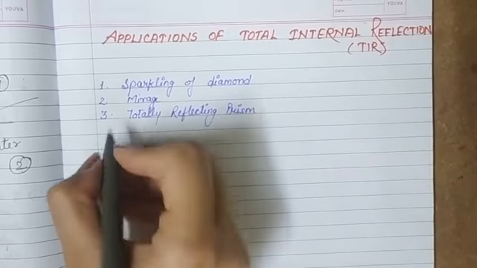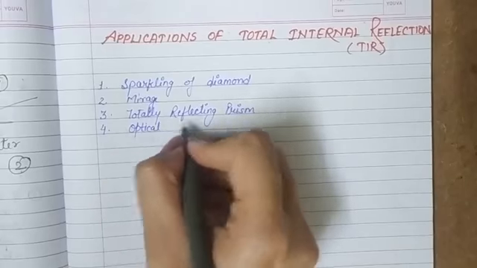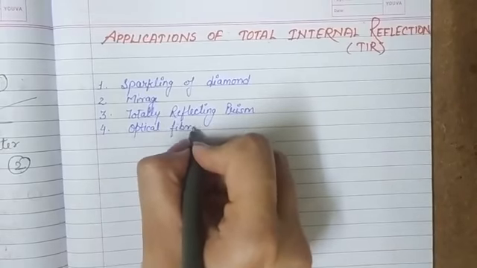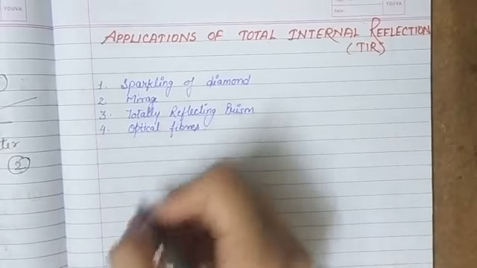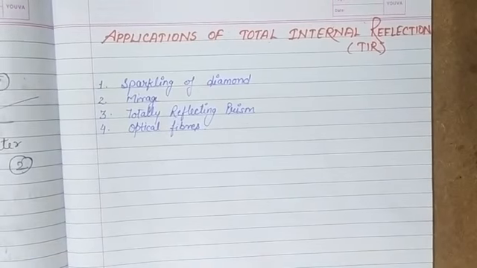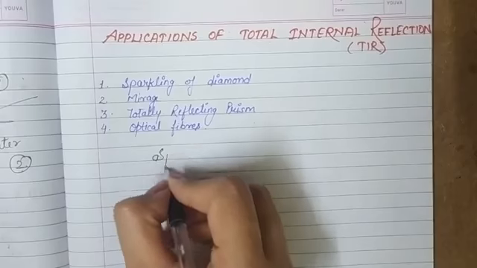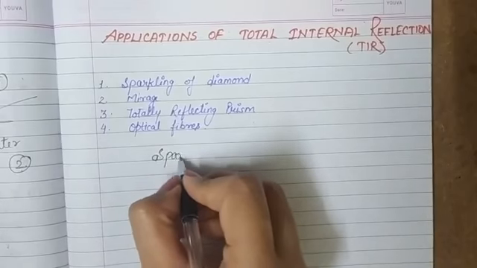And the last one is optical fiber. So these are the four applications of total internal reflection that we are going to study today. First, I am starting with the sparkling of diamond, which happens because of TIR.